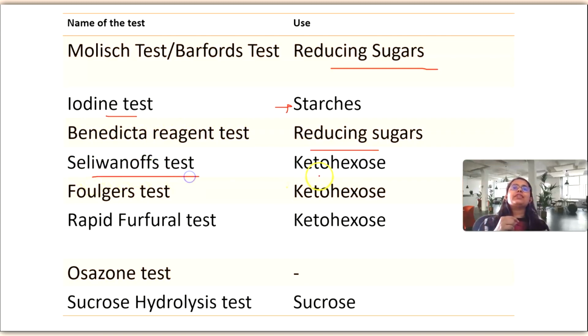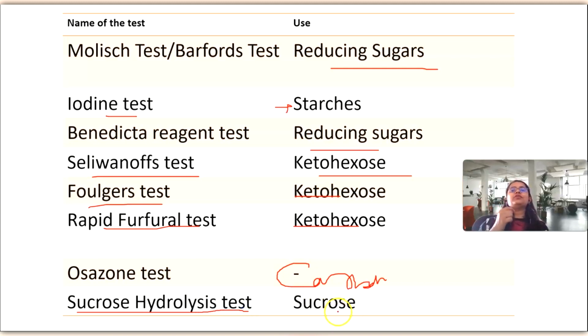Then the Seliwanoff test, for ketohexose. Fehling test, then the rapid furfural test for ketohexose, the Osazone test, a general test mainly for carbohydrates, means general identification of carbohydrate, and the sucrose hydrolysis test, and the name itself indicates that it is for sucrose.